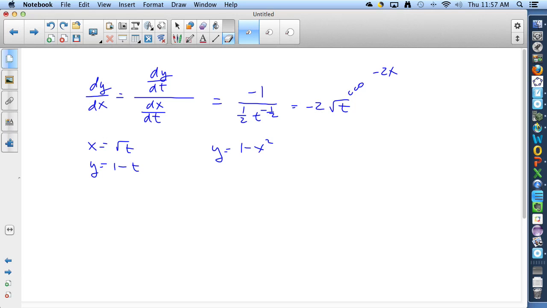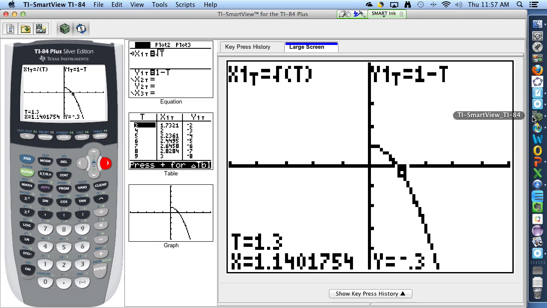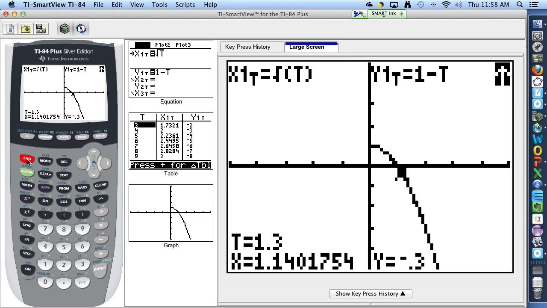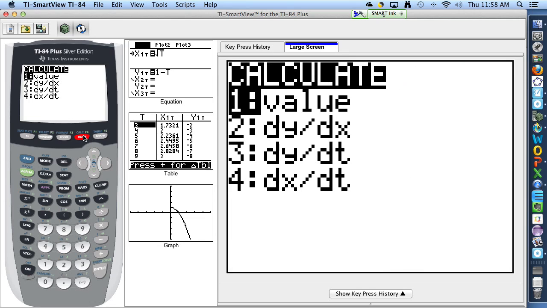Your calculator does this. Now look, your calculator will not tell you that the derivative of y with respect to x is a function, but if you wanted to, you can go to second calc, and notice that you can find the rate of change of y with respect to x, the rate of change of y with respect to t, the rate of change of x with respect to t.